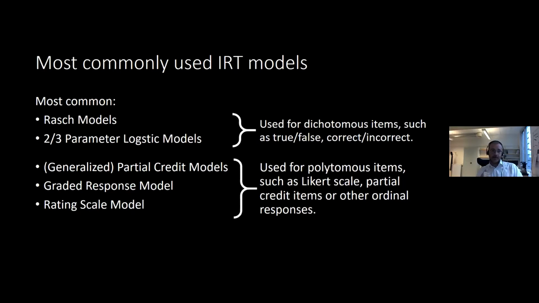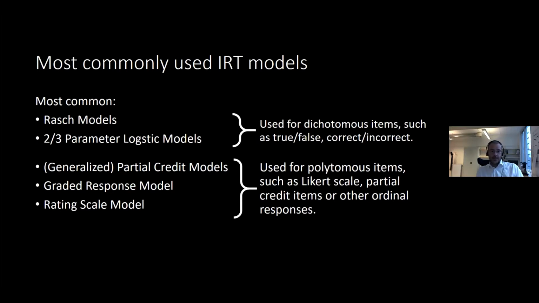And mathematically, the Rasch model is the only one of these models that does this. The other models have an approximation to this attribute on scale level, but it's only the Rasch models that mathematically do that.